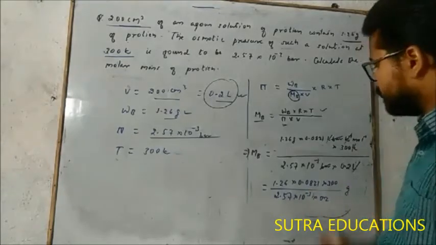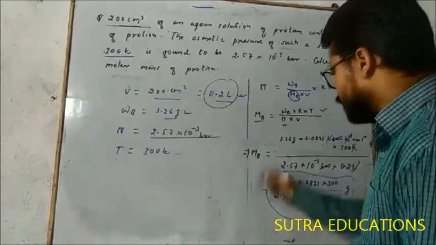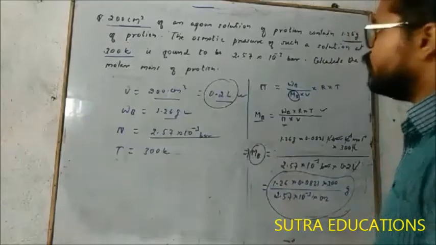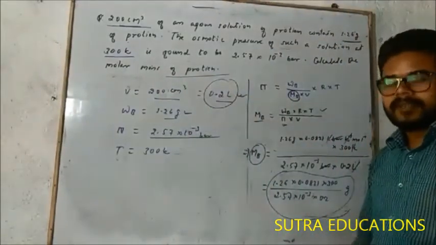Solve this, just divide and multiply, and you will get the value of molar mass of protein. Okay, come to the next question.